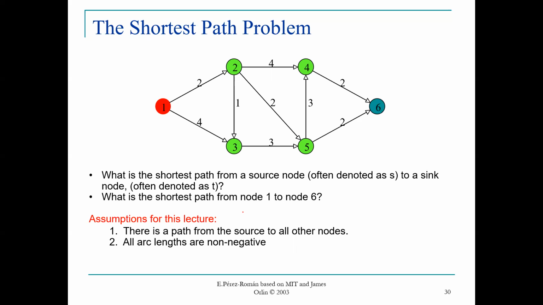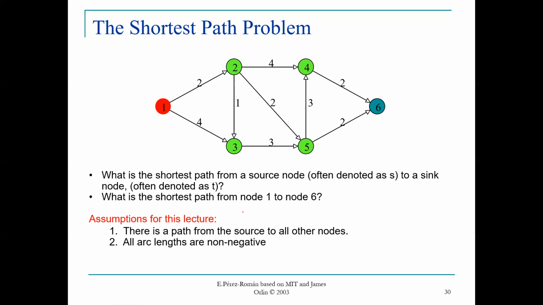The assumptions for this lecture are that there's a path from the source to all other nodes and that all arc lengths are non-negative. I want to make a note here. I know that if you look at this graph by eye, you can identify the optimal solution.